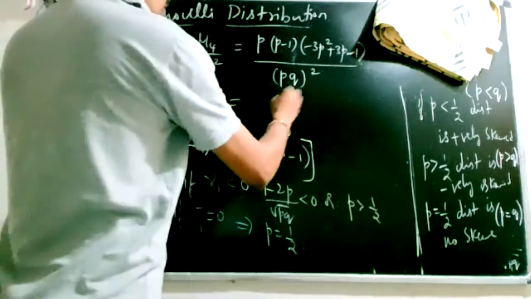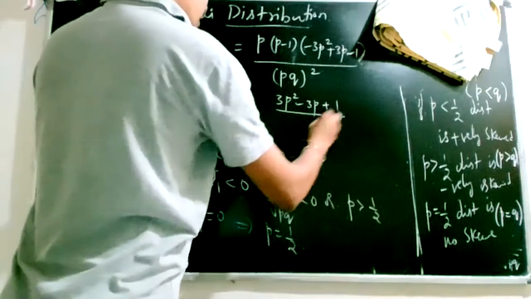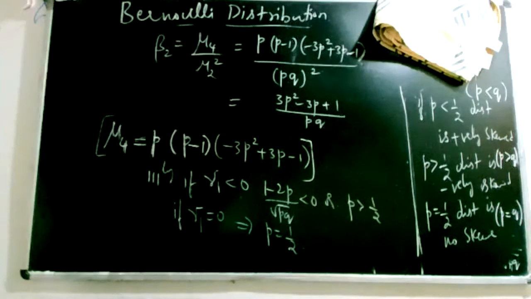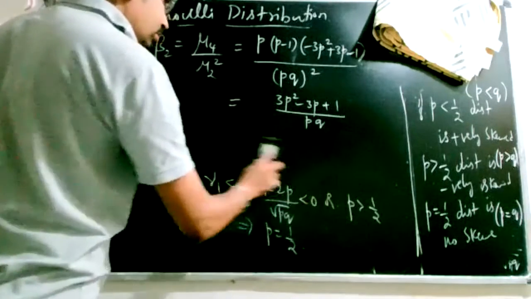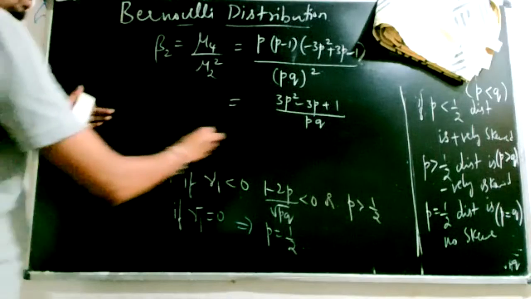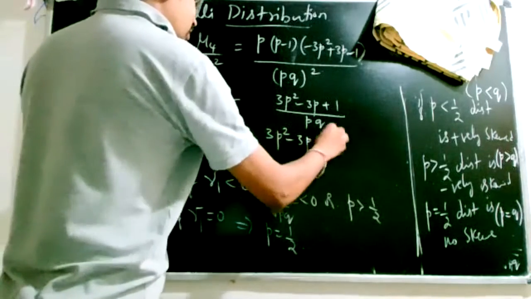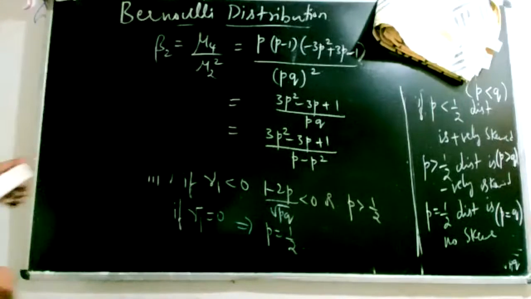So you will have 3p square minus 3p plus 1 divided by pq, or you can write this as p minus p square by substituting that.